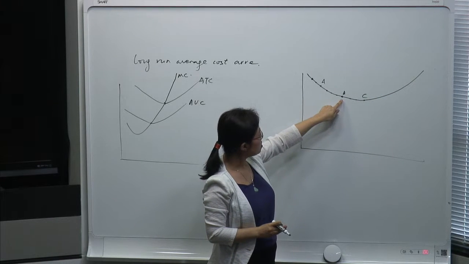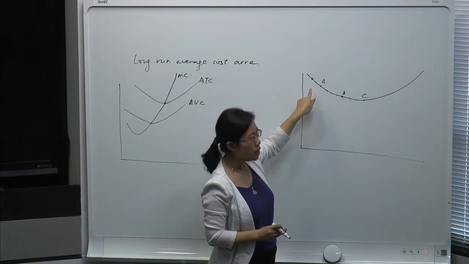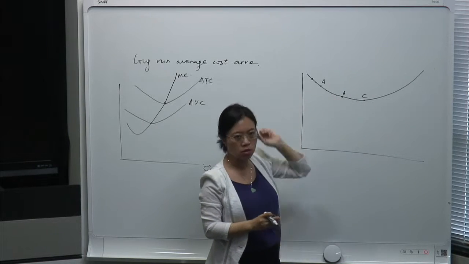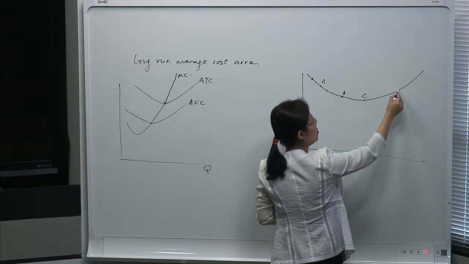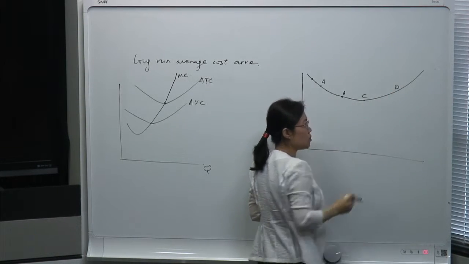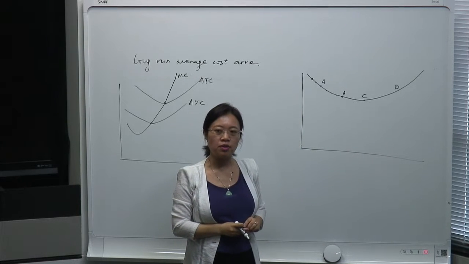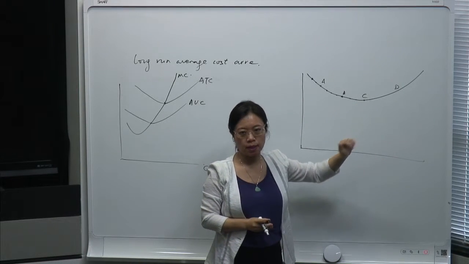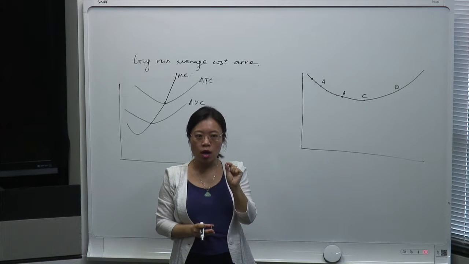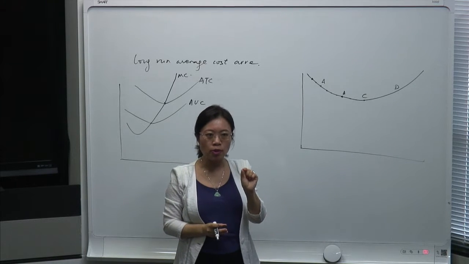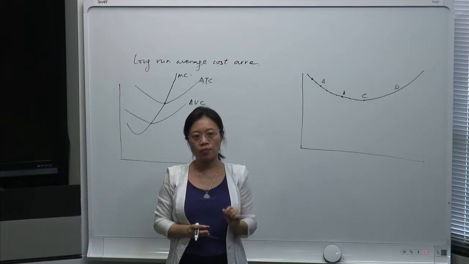Which means scale B is bigger than scale A, and scale C is bigger than scale B. If we pick another point, scale D is going to be bigger than scale C. Okay, so that's what the long run average cost curve is. Each point represents a different scale.